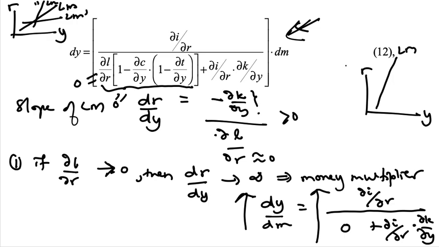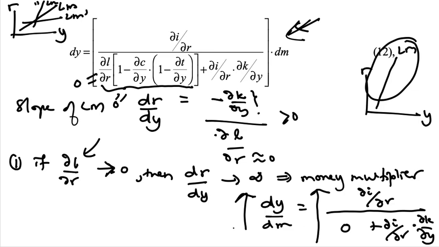So that means the steeper the LM curve, because of the very inelastic interest elasticity of money demand here, when it approaches 0, means very inelastic. Then LM becomes steeper. When LM becomes steeper, money multiplier becomes more.